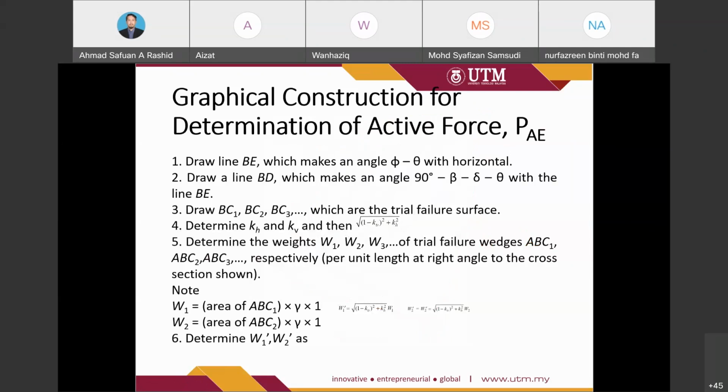From there we calculate W prime 1, W prime 2, and so on, for W3 or W4, for example. The equation is the square root of 1 minus KV square plus KH square times W1. So that is for the W1 prime.